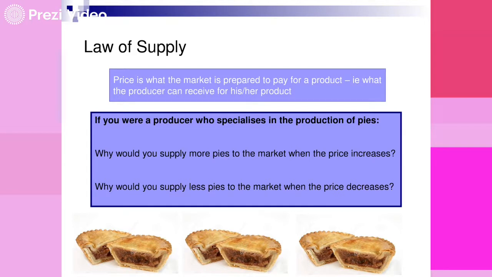And why would you supply fewer pies if the price decreased? If you had a little pie shop, are you going to supply more pies if the consumers paid, say, $5 compared to $3? And then let's say the price went down to $2, are you going to supply more or less?